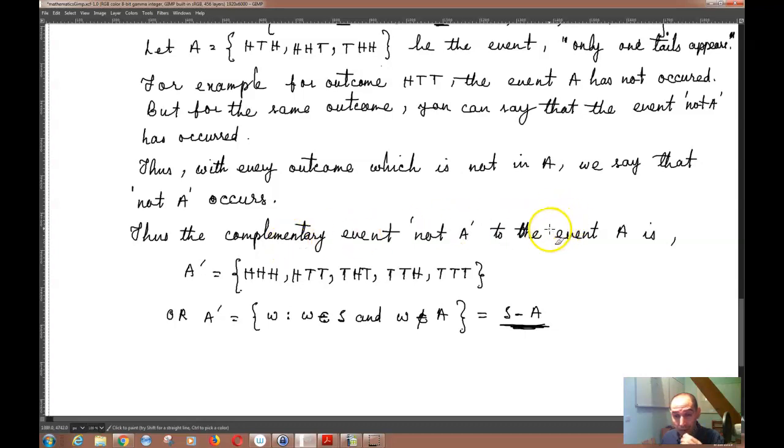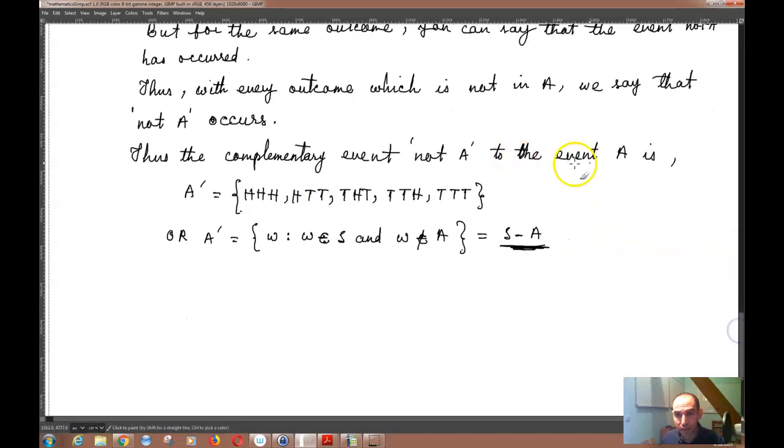Of course these two events are mutually exclusive, because there is no outcome that ensures the occurrence of both events simultaneously.